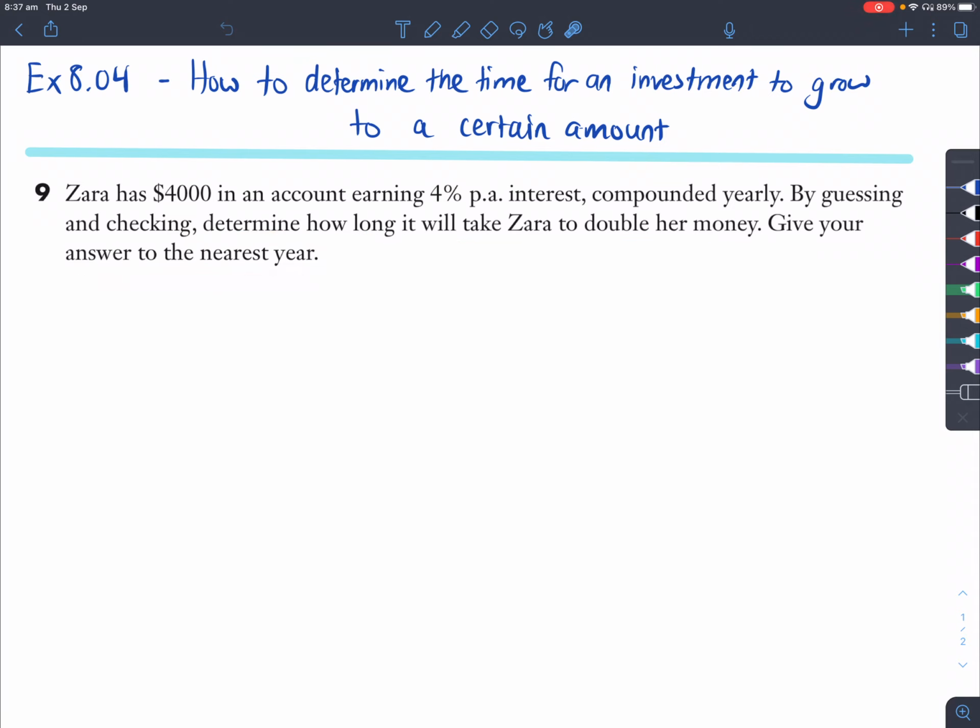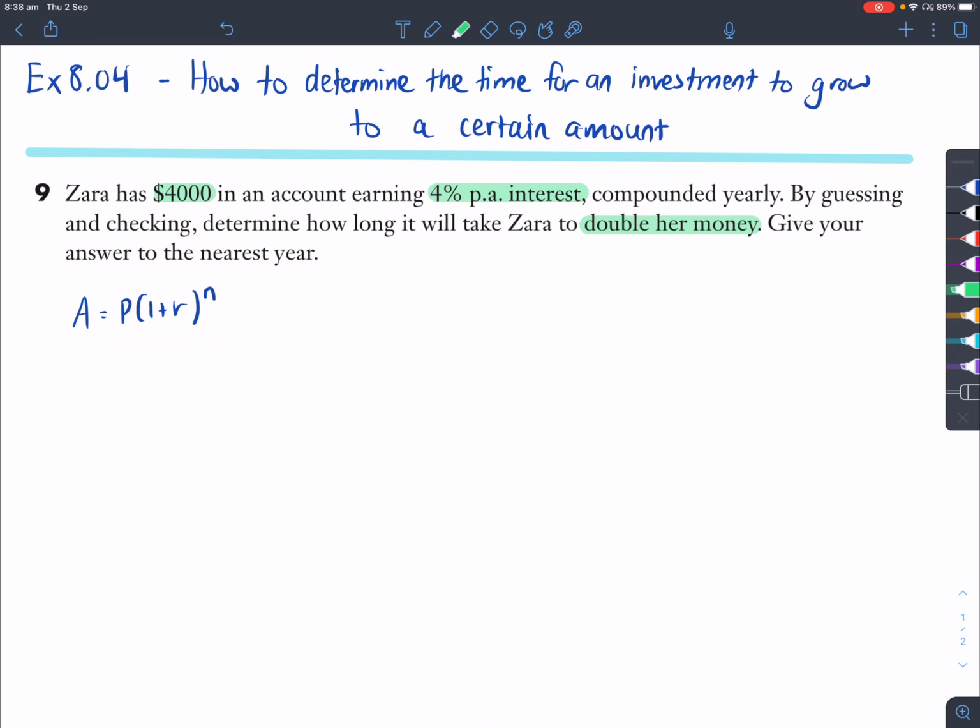So we know a formula, A equals P times (1 plus r) to the power of n, being the compound interest formula. Our principal is $4,000, sitting in the account earning 4% per annum interest. We're going to substitute that in, but it also wants the account to double its money.